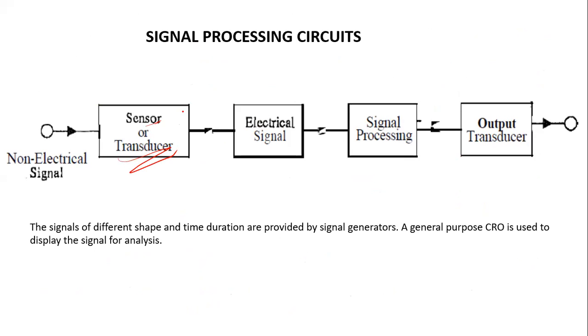That is a non-electrical signal, just a mechanical vibration. When it is in contact with the sensor or transducer, it will convert such vibration or pressure into an electrical signal.